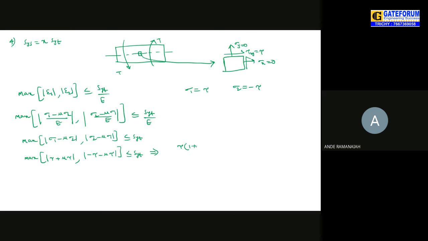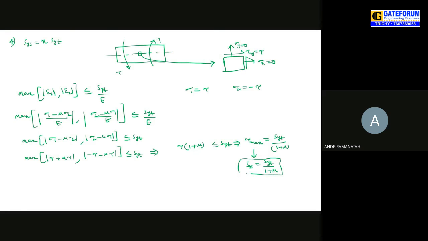Then tau into 1 plus mu should be less than or equal to SYT. If you remove the less than symbol, the maximum shear stress is equal to SYT by 1 plus mu, and this maximum shear stress is called SYS. So SYS is equal to SYT by 1 plus mu.